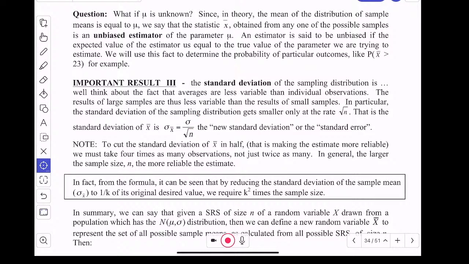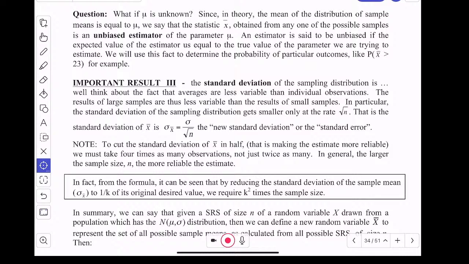Whatever the variable is, its parameter, the standard deviation, cannot be affected by us. But what can be affected is our sample size. So we can choose n in such a way to get a standard deviation that we like for our sample mean.